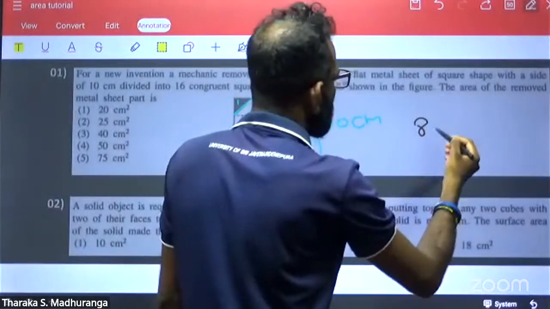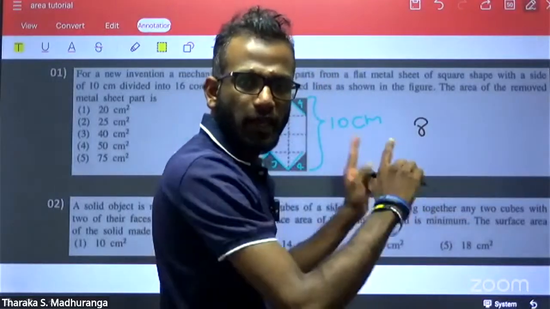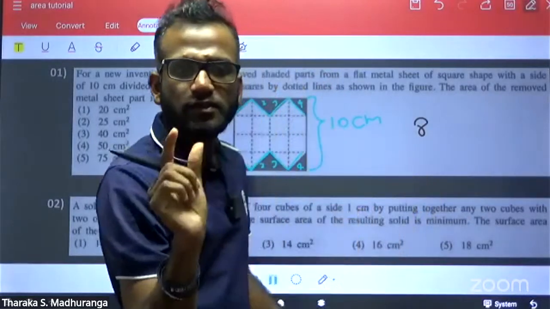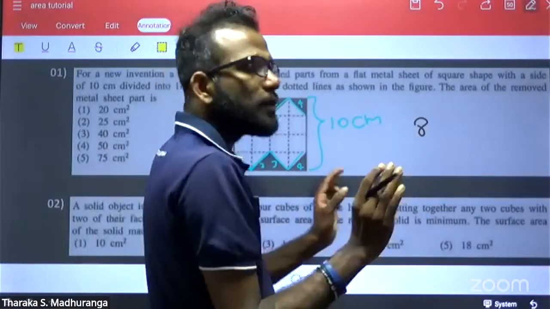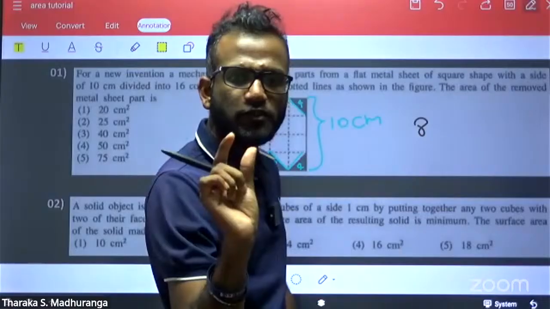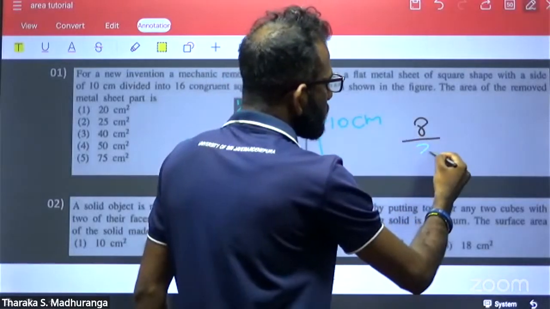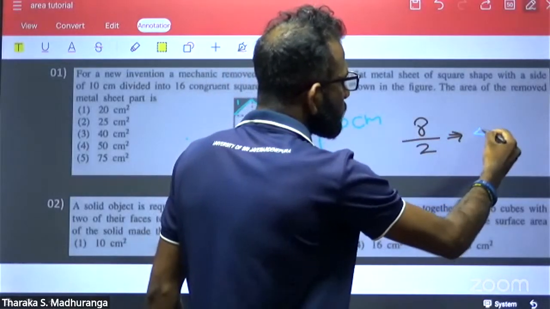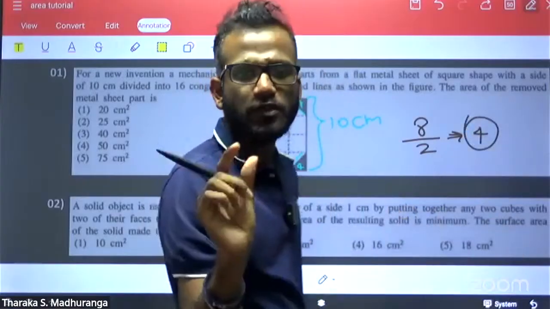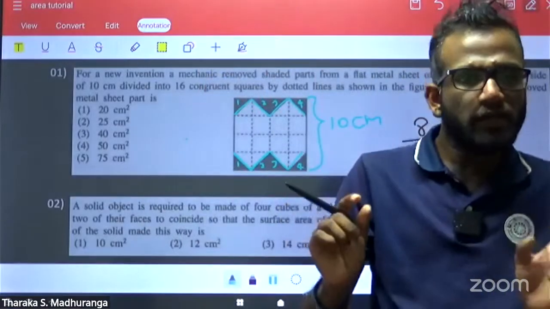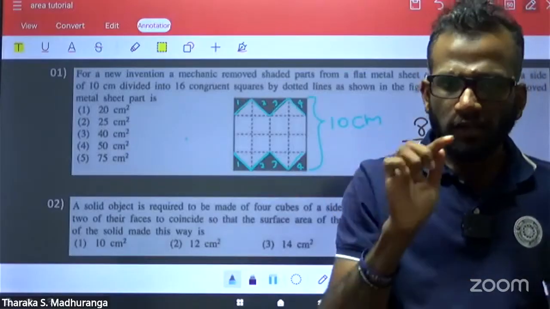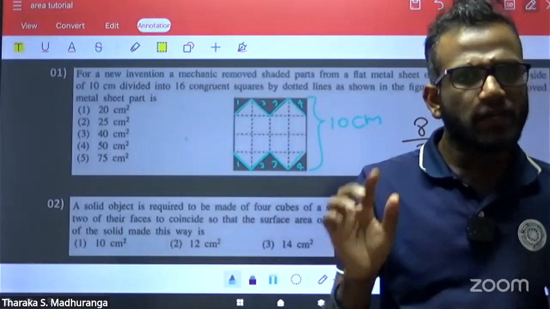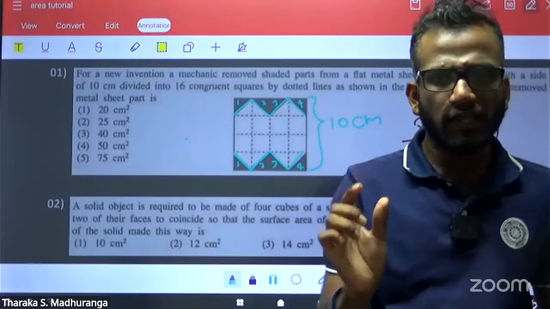8 half squares. What do 8 half squares mean in full squares? 8 divided by 2, it is 4 full small squares. Now you need to find the surface area of a small square separated by the dashed lines.